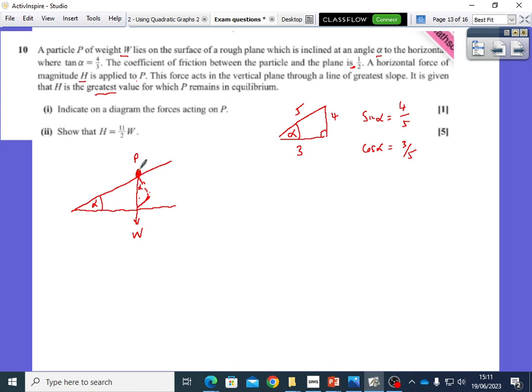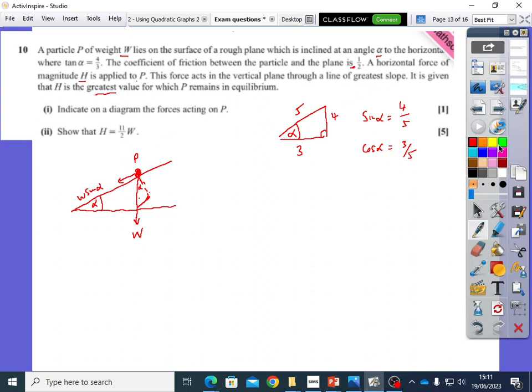So coming down the slope, that's opposite, so that's going to be W sine alpha. Now I'm going to put this in a different color. A horizontal force of H is applied, so there's a force H on this particle P.